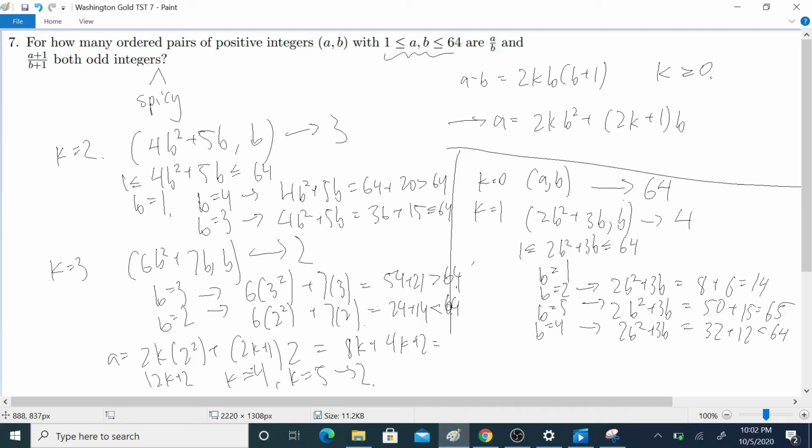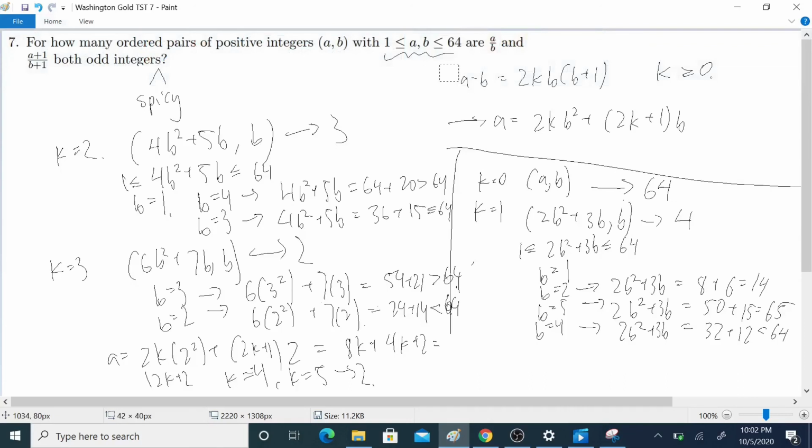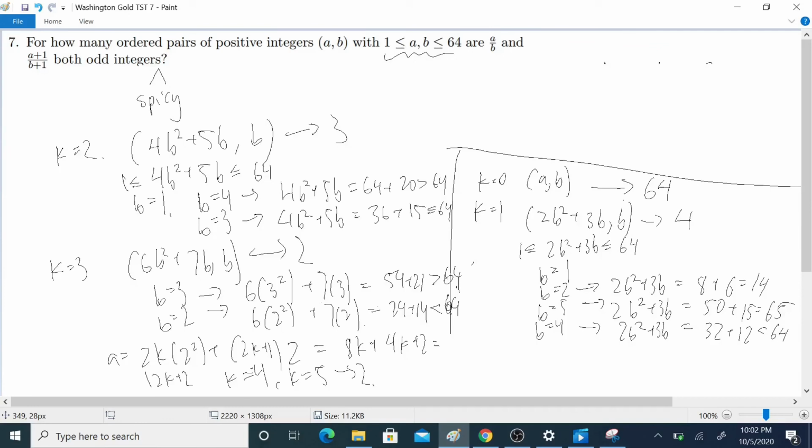So for all remaining values of k, it either provides one solution or no solutions. So for what k do we have one solution? Equivalently, when is 2k times 1 squared plus (2k+1) times 1 less than or equal to 64?